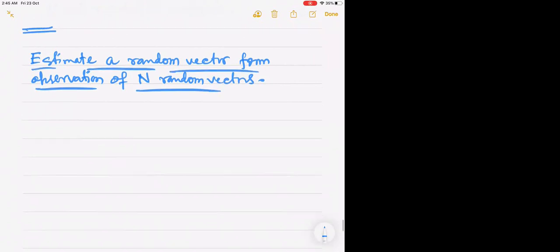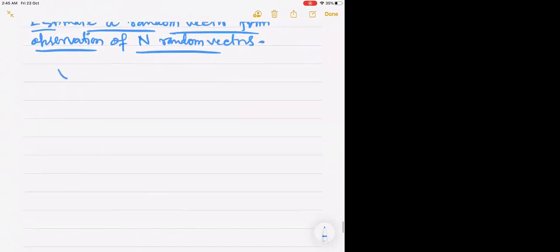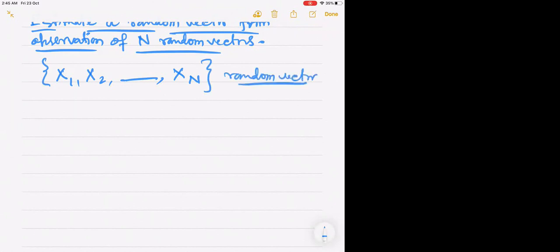What I mean by that, suppose I have the information for x1, x2, dot dot dot up to xn. These are random vectors. I'm sure you know about random variables. When you have an n-tuple of random variables, it's a random vector. So x1 is a random vector, x2 is a random vector. Each of these x1 up to xn takes values in, let's say, R^n.